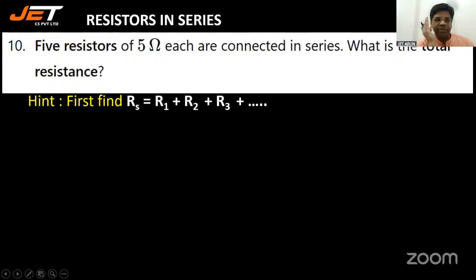Here's the next one, students. Five resistors of 5 ohms each are connected in series. What is the total resistance? Try this one.